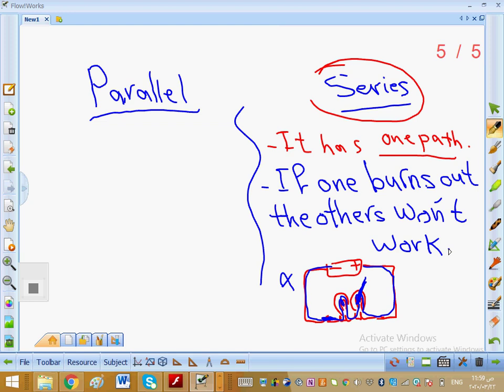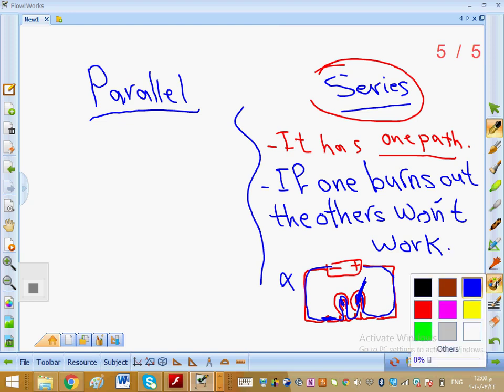So this is the first type of circuits. We call it series circuits.